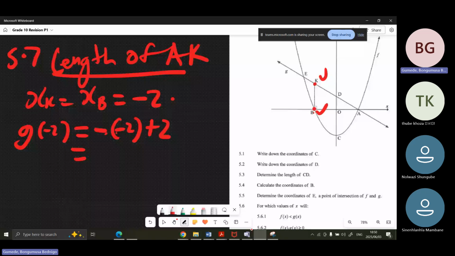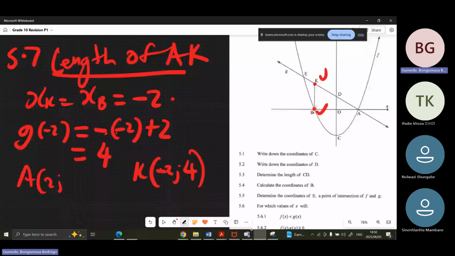We are going to get 4. Oh, sorry, that's a y. That means K has the coordinates -2, 4. Then after that, we are going to use A, which is 2, 0. Then you use distance formula.